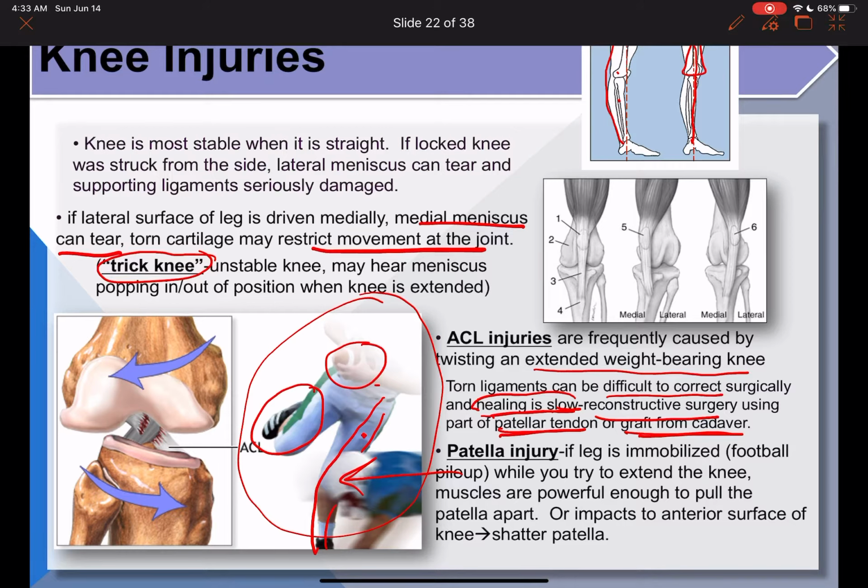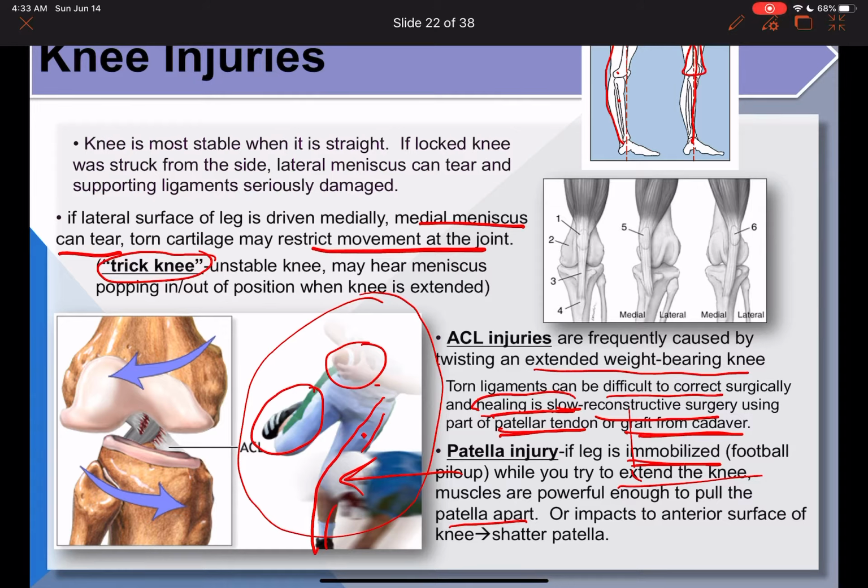It can happen where the patella can move out of position, or we can completely shatter it. For example, if the leg is immobilized, for example in a football pile-up, while you're trying to extend the knee, those muscles can be powerful enough to pull the patella apart.